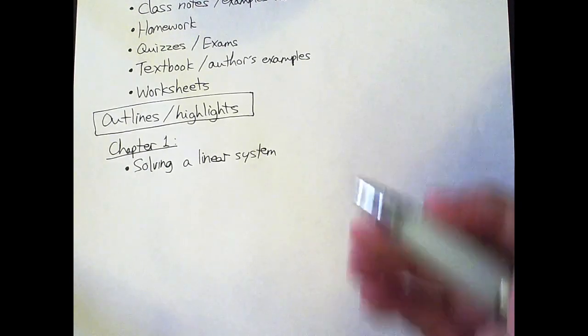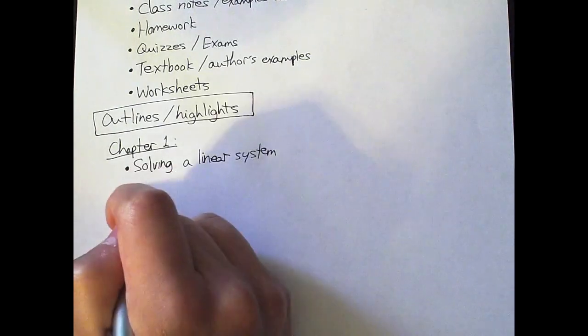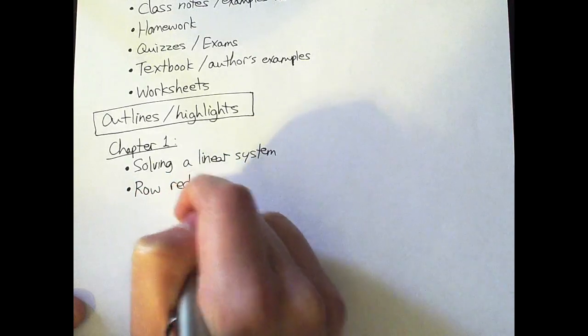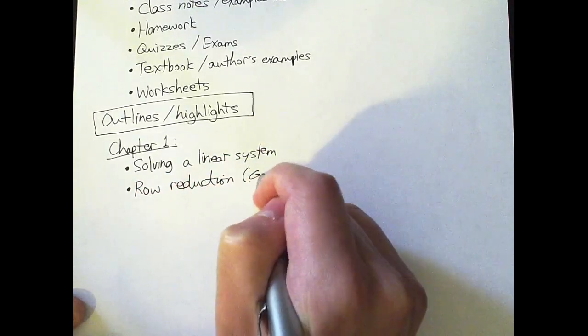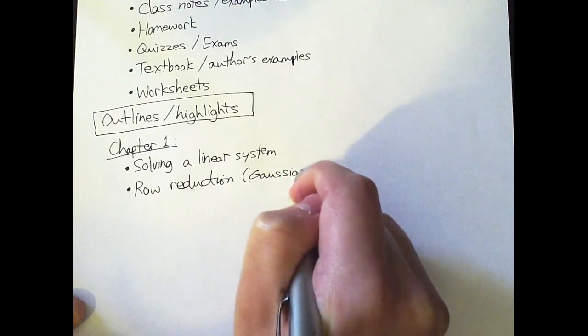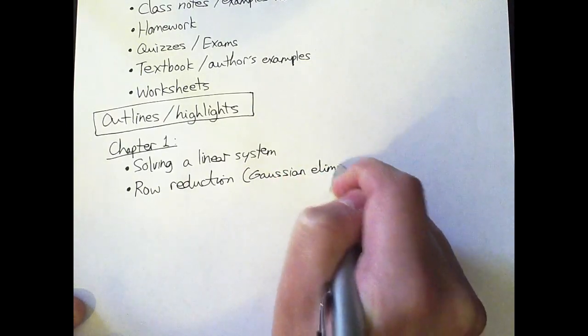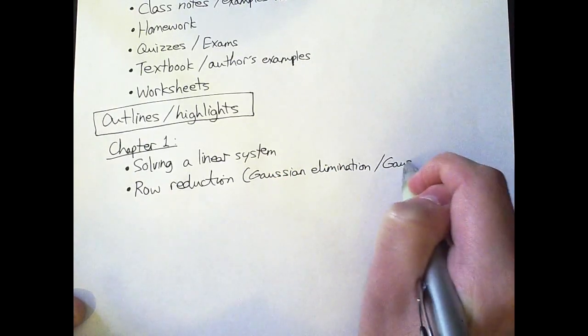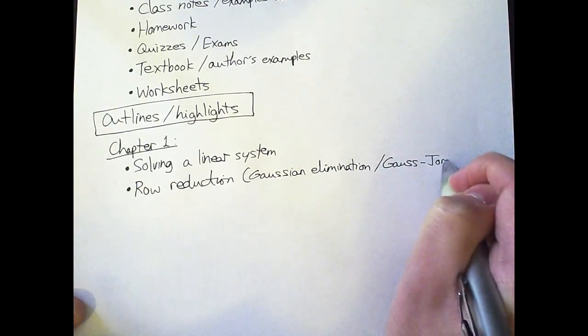And then we built on it from there, right? We learned about row reduction, which is Gaussian elimination. And we also learned about Gauss-Jordan elimination.